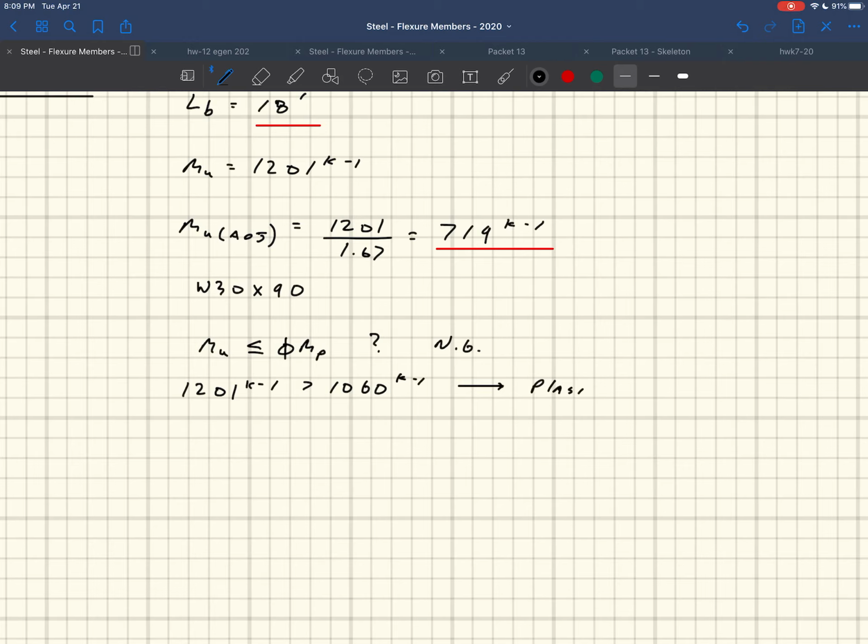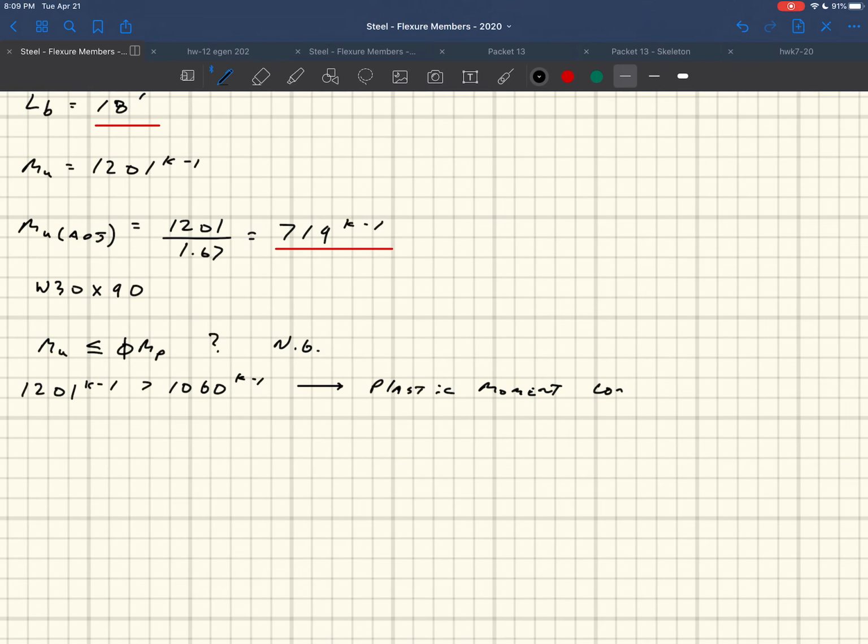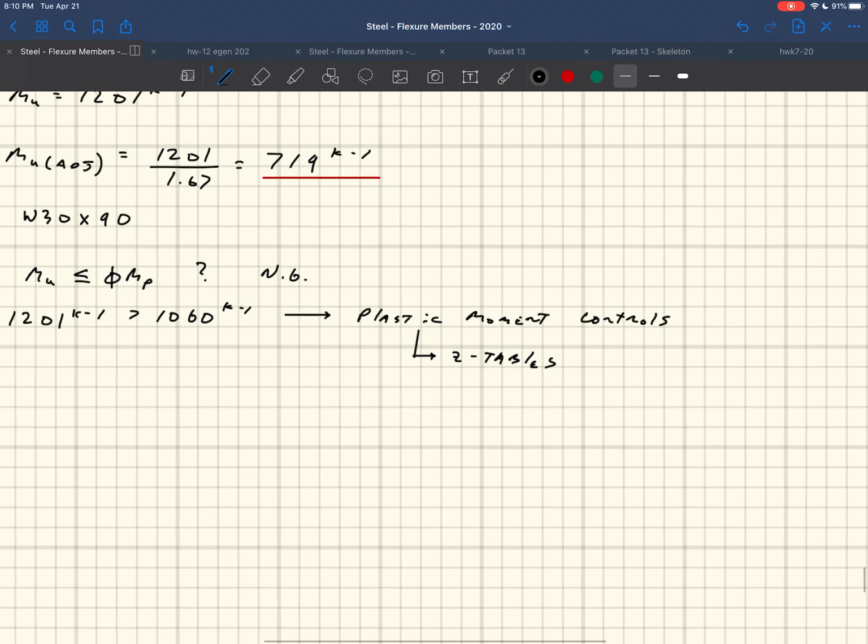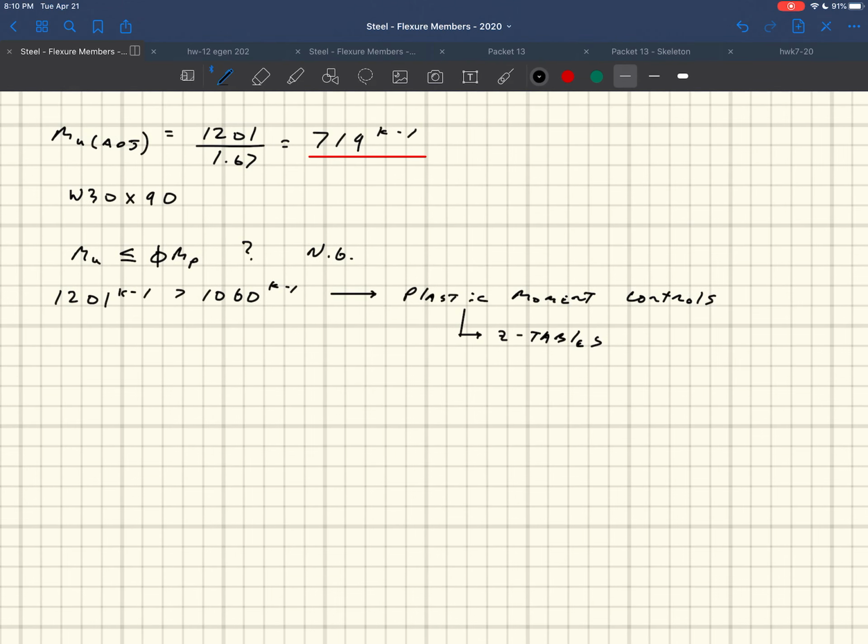What this tells us is the plastic moment controls, so this is no good. And at that point, you would go to the Z tables for this guy. So we jump over to the Z tables.